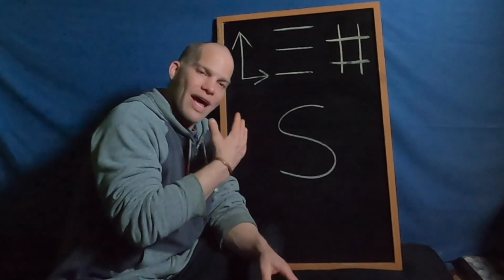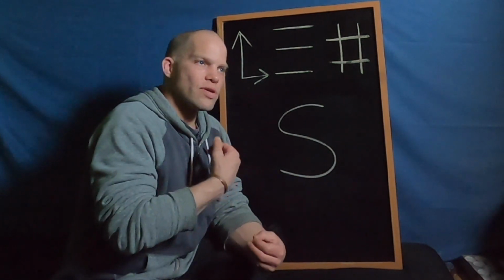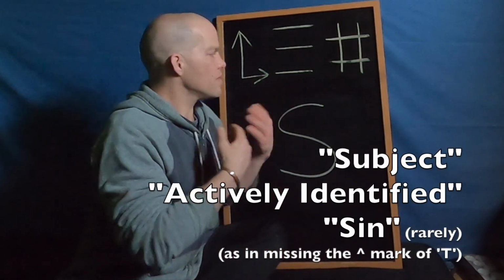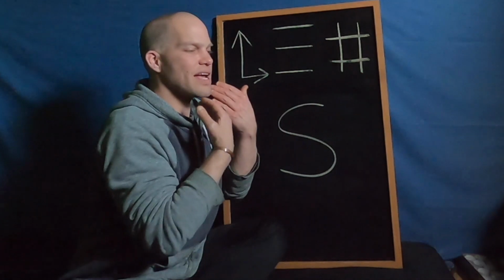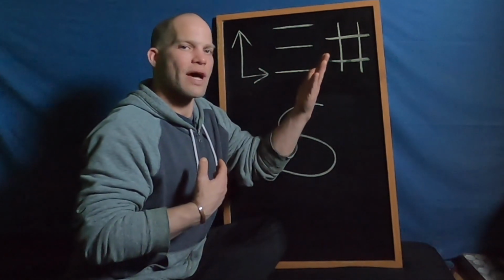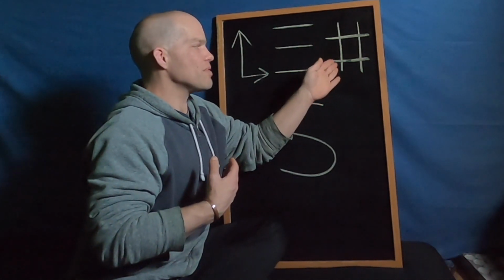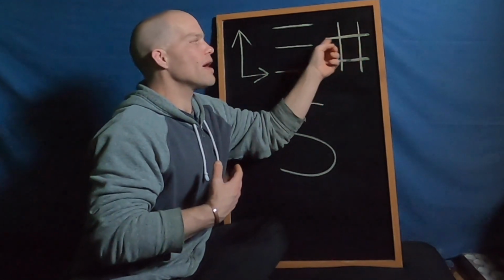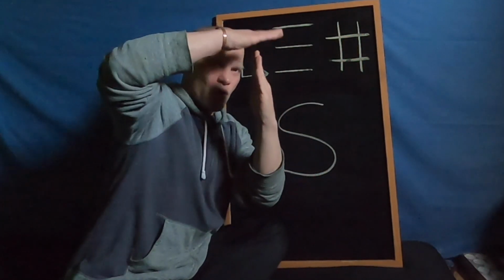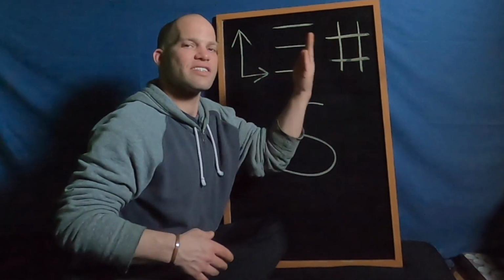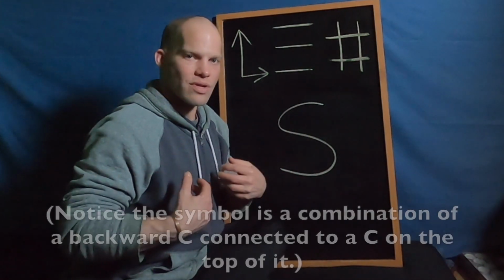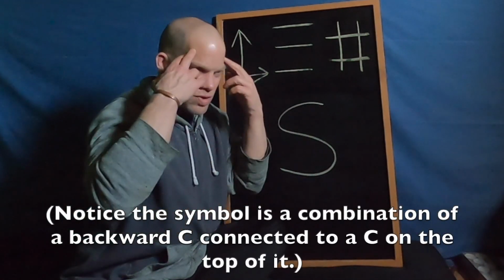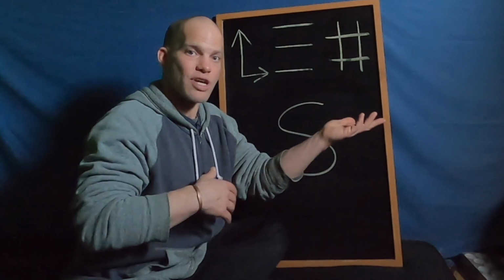So the letter S, I use the word subject because not only is it something that you're making, you're kind of sliding the word out of your mouth, it's the shape of coming from the bottom around to the top. A T is more crisp, but an S is more S. I know it makes the same sound as a C, but there's a difference between the idea of what a concept and a subject are.